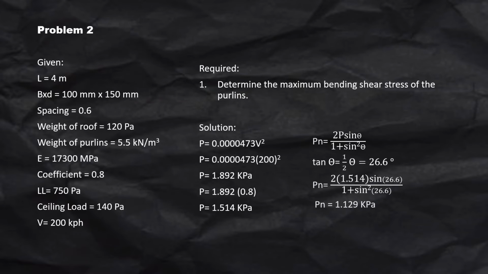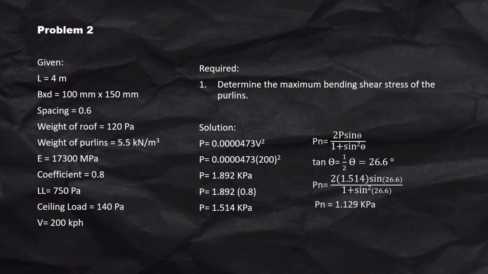For the problem number 2, here are the givens. Length is equals to 4 meter. B times T is equals to 100 mm times 150 mm. Spacing is equal to 0.6. Weight of the roof is 120 Pa. Weight of purlins is 5.5 kilonewton per cubic meter.